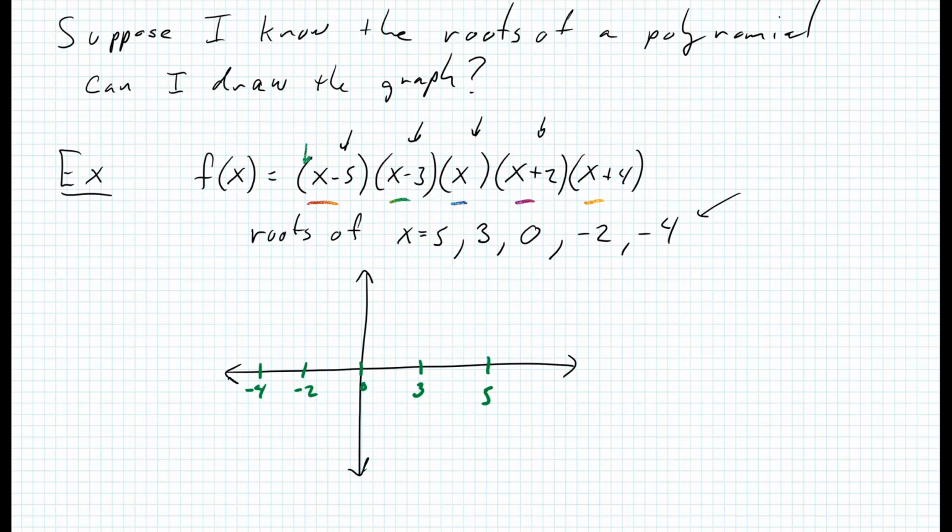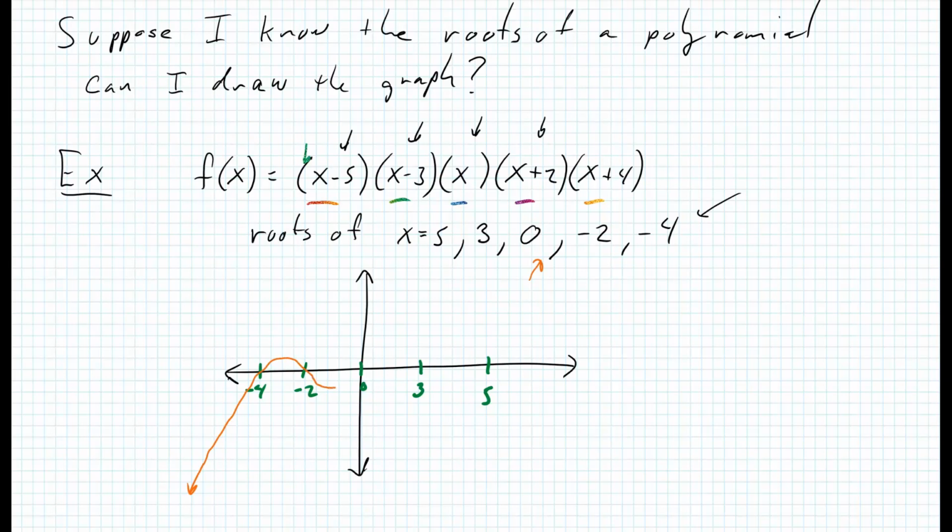Oops, I don't want to use my rainbow pen, unless you guys want me to use my rainbow pen. Please chime in if you like the rainbow pen more than I do. So it'll go up here and down here, right? Because it'll be a positive leading coefficient on a 5th degree polynomial. And then it's going to cross the axis everywhere. I've got a little hash mark in green, so it's going to cross there.